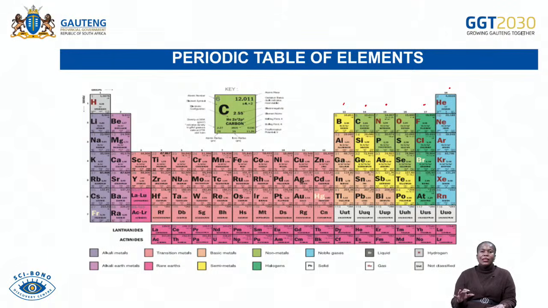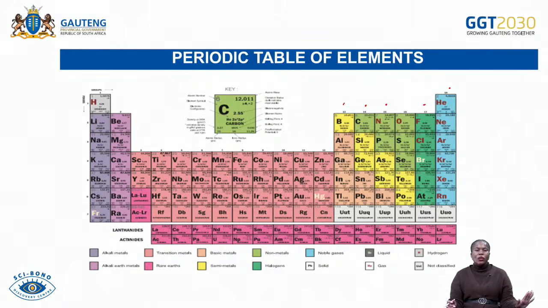As you can see, we've colored them using different colors so that we understand which ones are metals, which ones are non-metals, and which ones are semi-metals. If we look closely, you'll see that group 1, group 2, and all of the ones on the further left, group 3, group 4, group 5, are metals.